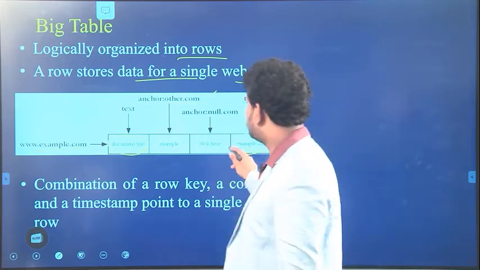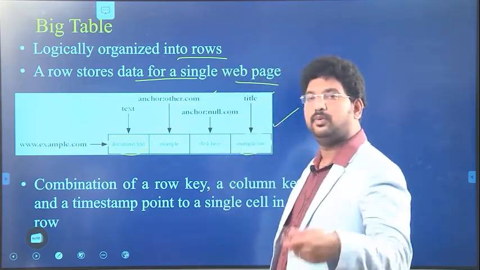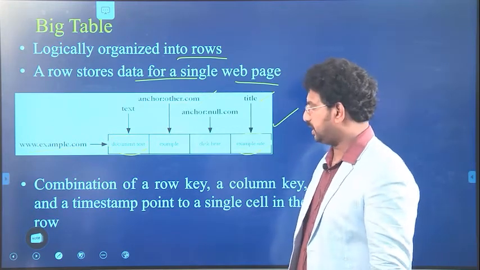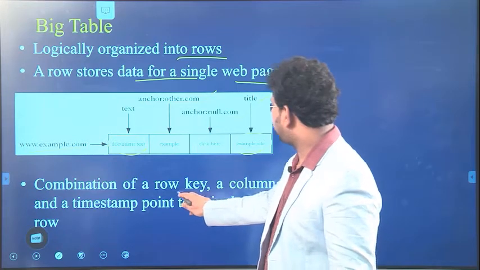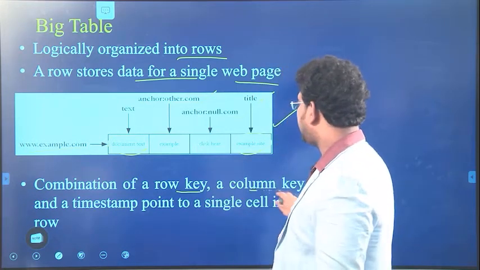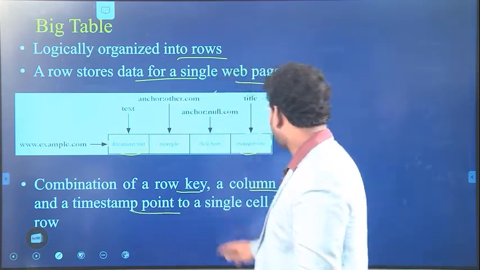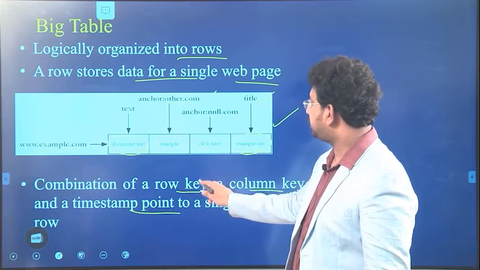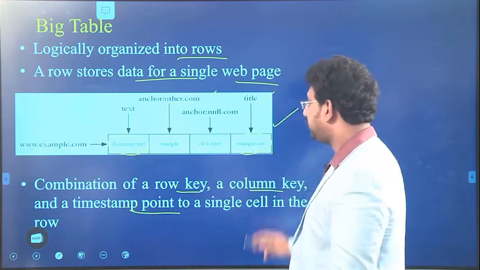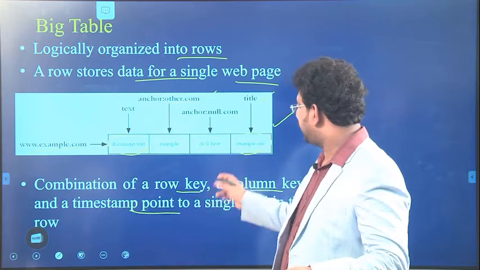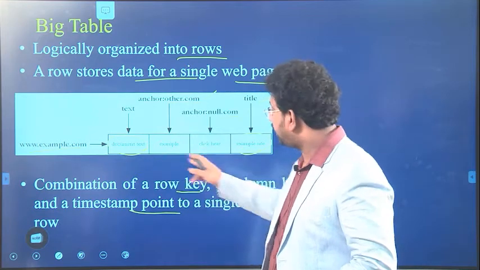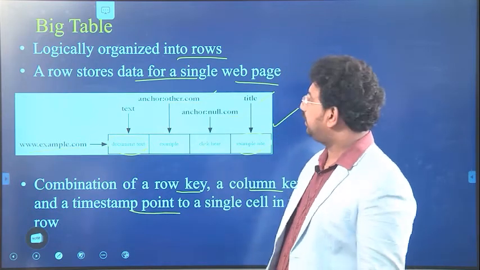Those links are to be maintained, and more columns will be added according to the needs of the web pages. And here the combination of a row key, a column key, and a timestamp points to a single cell in a row. So this is about the Bigtable.